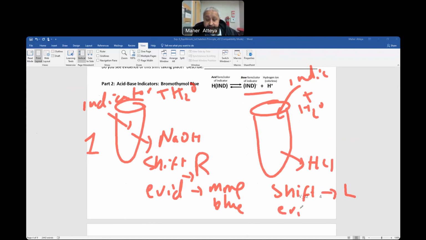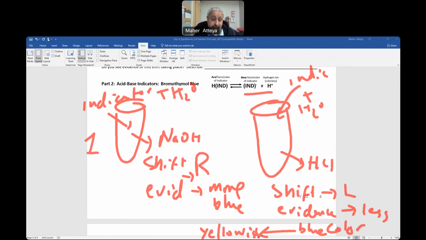Evidence: less blue color. If you add enough, you might get a yellowish color. If you add extra HCl, you will see more yellowish. The blue color will fade out and get yellow.